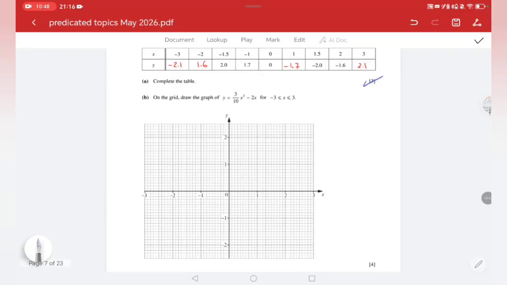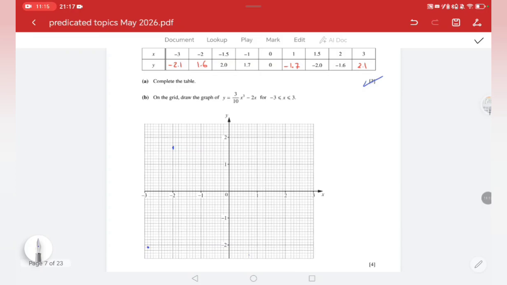-3 and -2.1, so it's here. Then -2 and 1.6. Take care, sometimes some students make 1.6 into -1.6, so the graph is different.